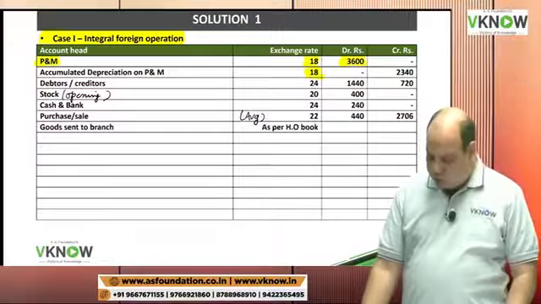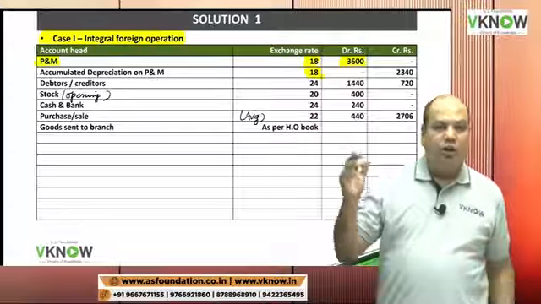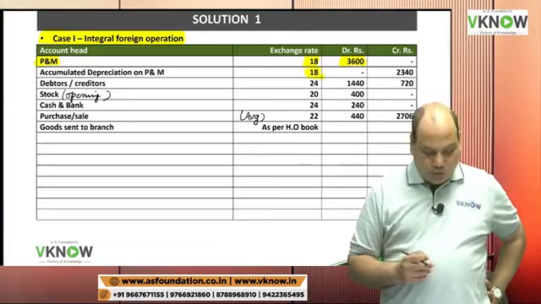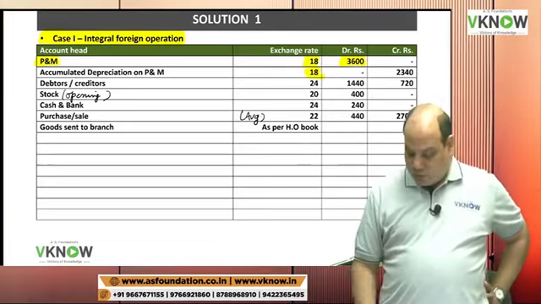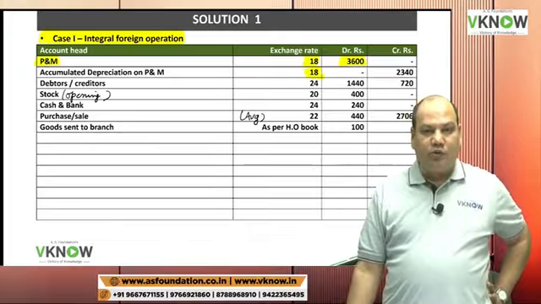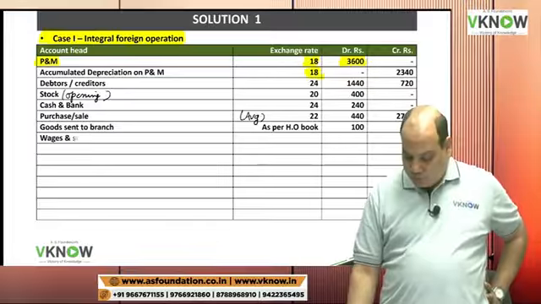Goods sent to branch, I will not use a rate. I will take the contra figure from HO books. In the note given below the trial balance, the goods sent by HO to branch in rupees were 100,000. So just substitute the figure.